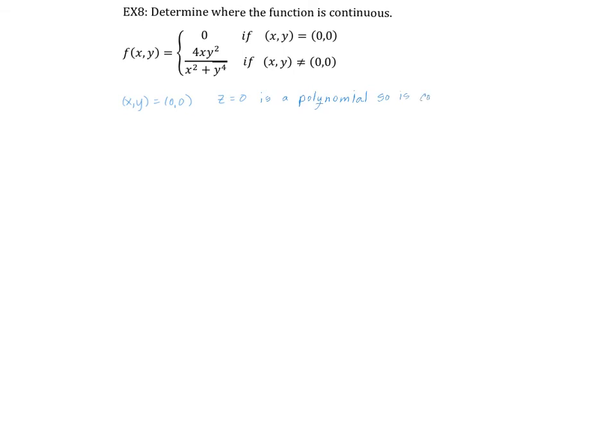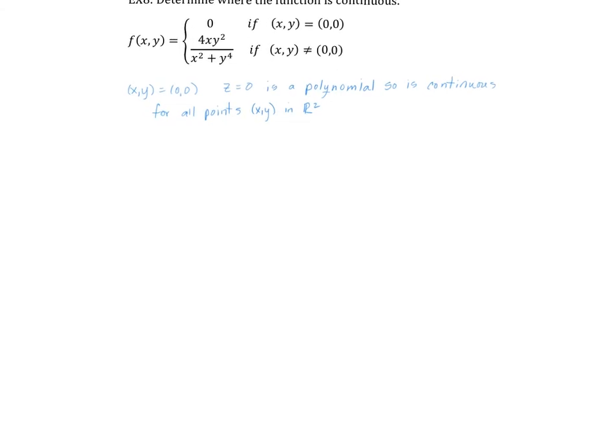So z equal to 0 is a polynomial, so it's continuous for all points x, y in R2. So it's continuous everywhere.